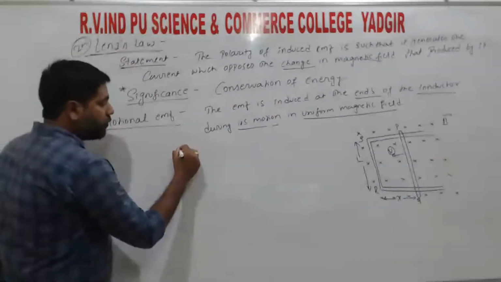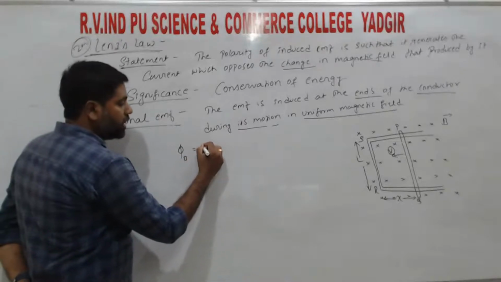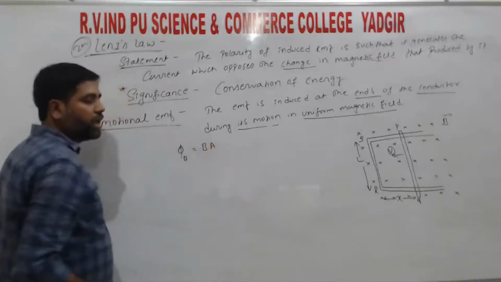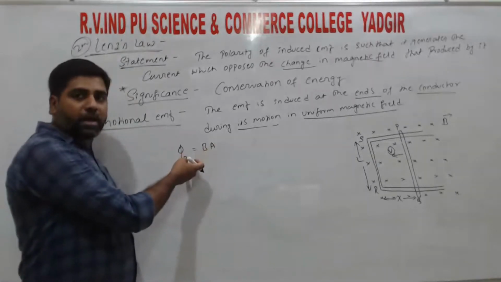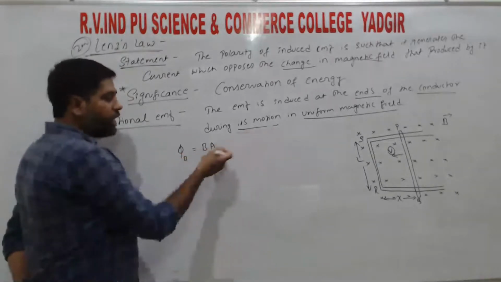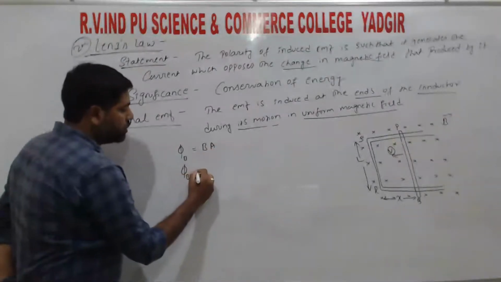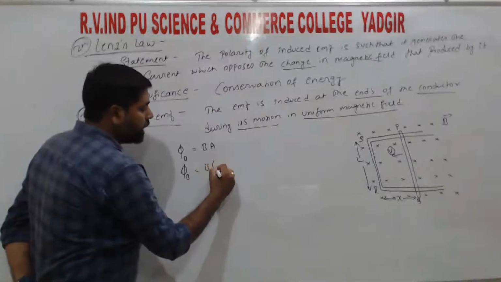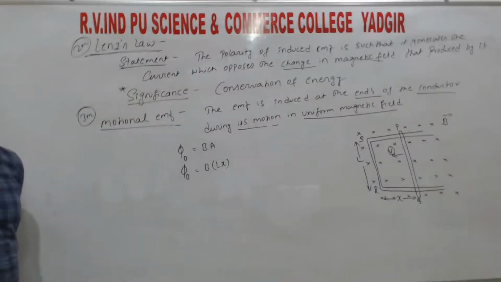So the magnetic flux in the rectangular loop, phi B, equals B into A, right? So this is from the definition of magnetic flux. So B is the magnetic field and A is the area of the rectangle, right? So phi B equals B into area, which is L into X, length into breadth, right?